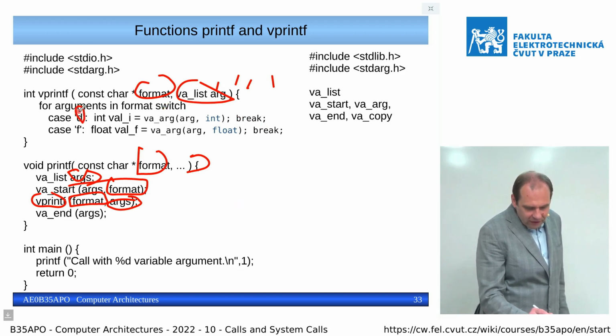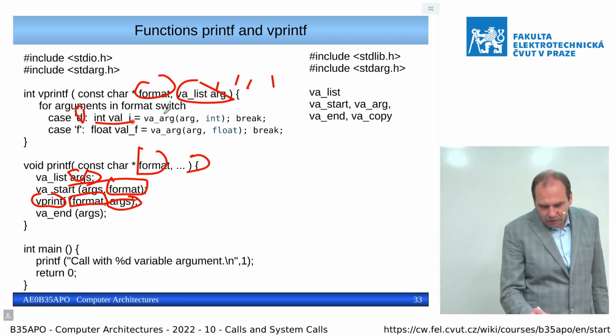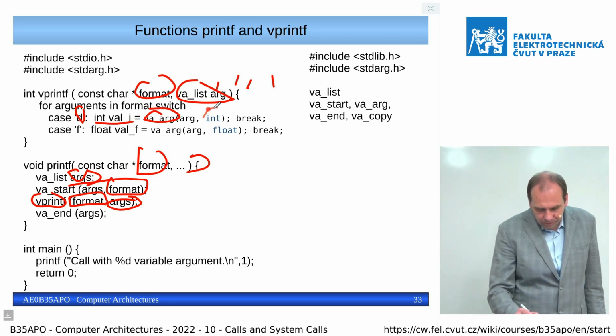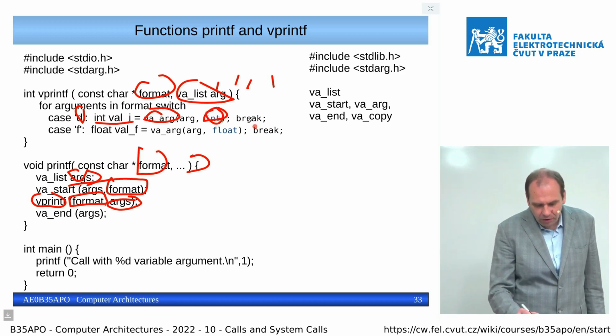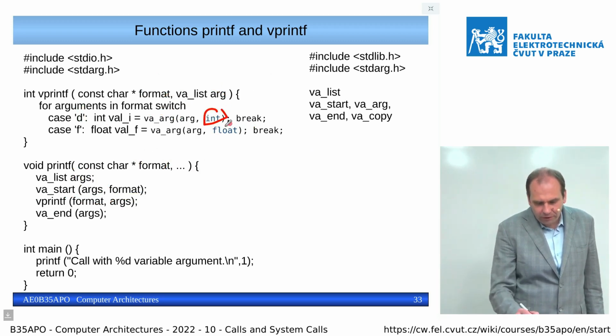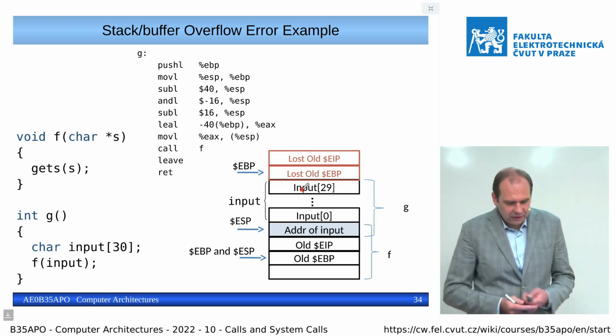Each time it finds something in the format, it needs to use the correct va_arg macro call, which specifies the type which should be extracted from the variable argument list, and you can continue. So it is again the example.